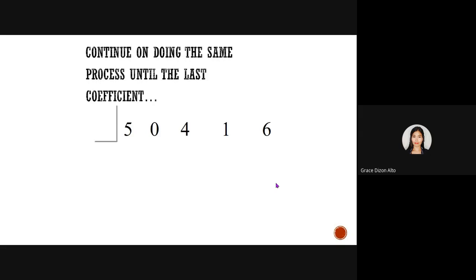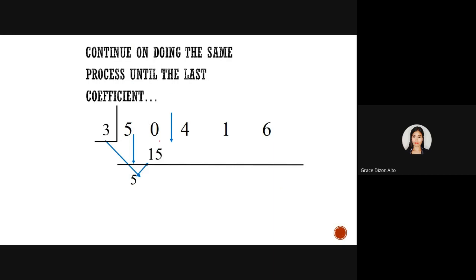So going back to the full process, step number 1 is writing down the coefficients and the value of our divisor, or the value of a. Then bring down the first coefficient and multiply it by a. We get 15. You write it in the space underneath 0.